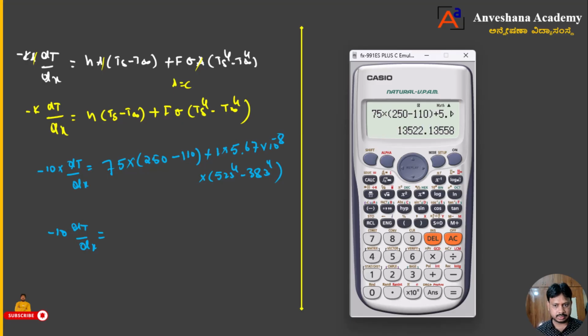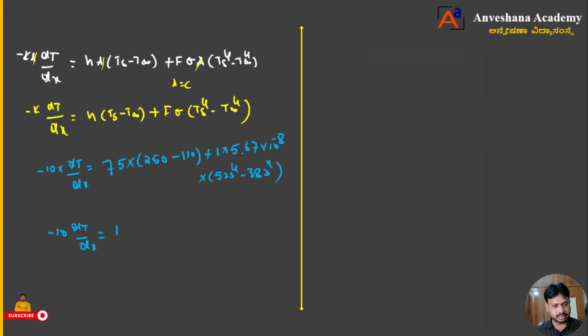What is the answer? You are going to get 13,522.2.